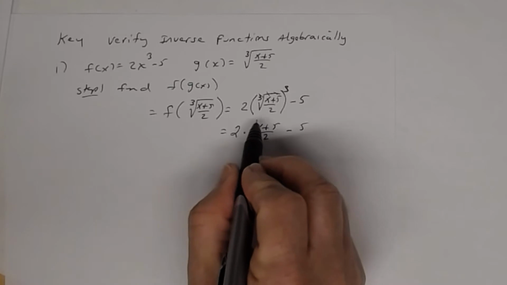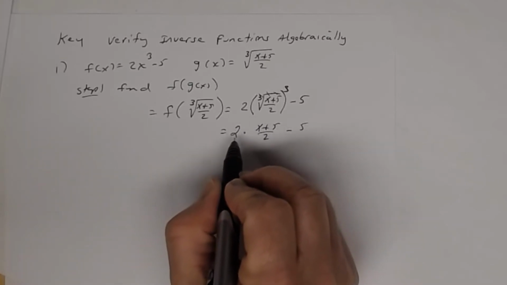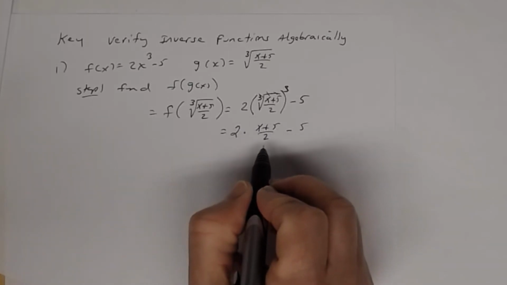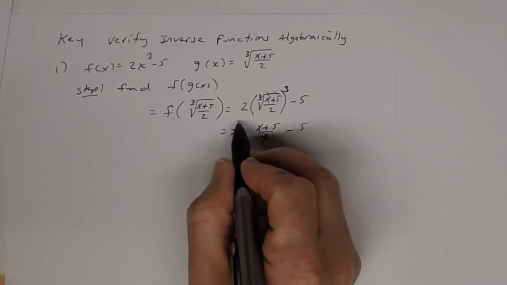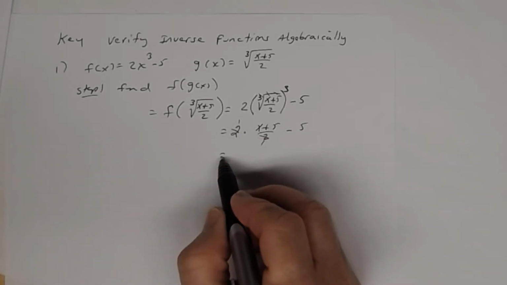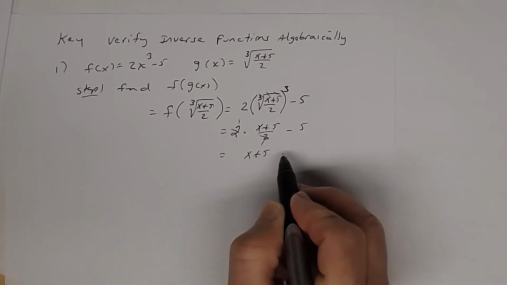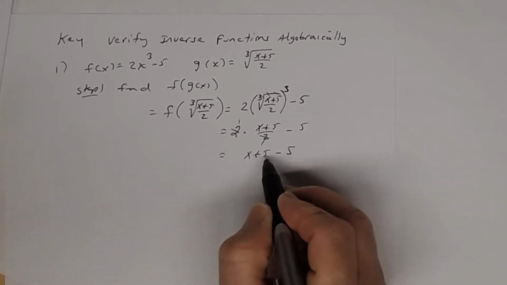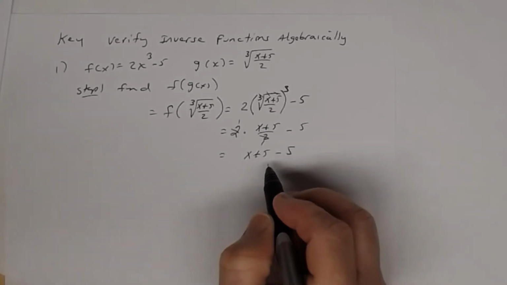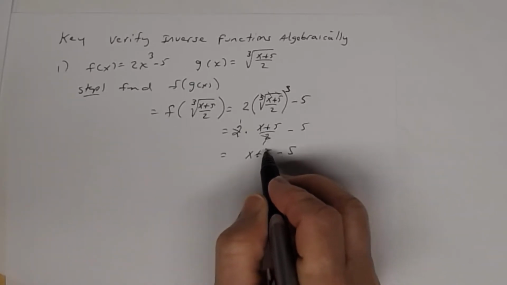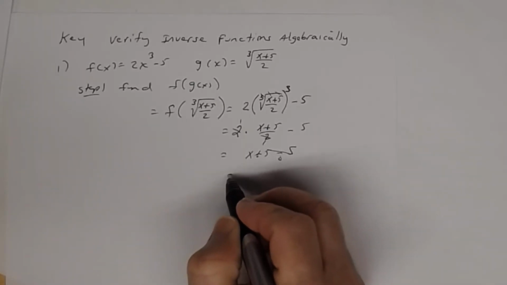Notice you're multiplying these two fractions, 2 divided by 1 and x plus 5 divided by 2, and those 2's divide out. So you have 1 times x plus 5, which is x plus 5, and then minus 5. The 5 and a negative 5 are opposites of each other, so that adds up to be 0. And so you get x.